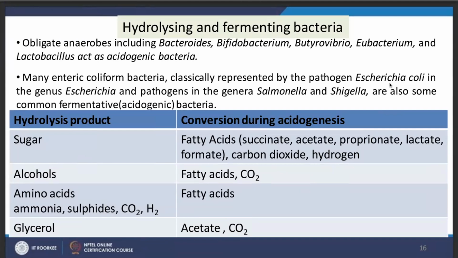But there are some cases in which Escherichia coli causes disease, but that strain is not naturally present in our body. It is a strain which causes disease and is called a virulent strain, right? So not all Escherichia coli cause disease. Some Escherichia coli strains do cause severe disease.